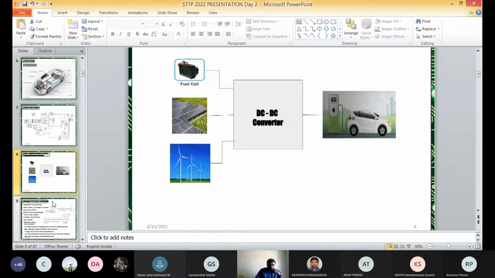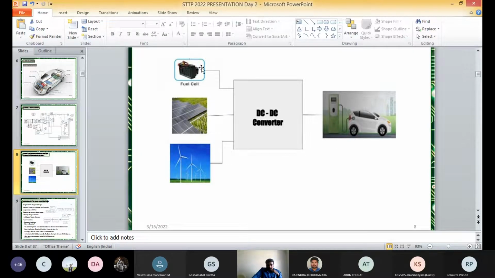That means from this we understand that there is a requirement of DC to DC converters, that is power converters, for charging of the electrical vehicles. There are a lot of research gaps in this integrated system.